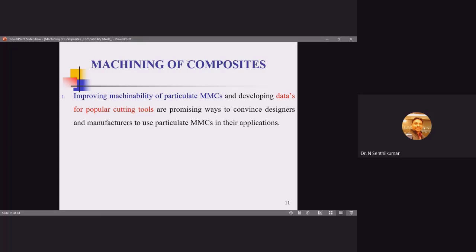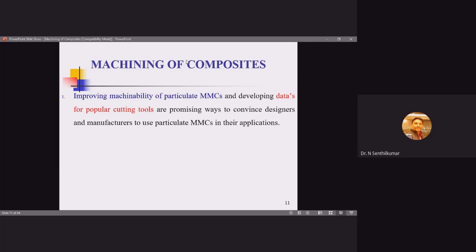How have they formulated them? That is formulated based on the machining of materials. They give data for low carbon steel, medium carbon steel, high carbon steel, and cast iron.